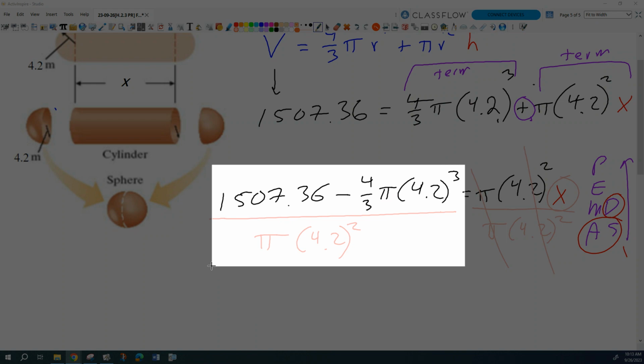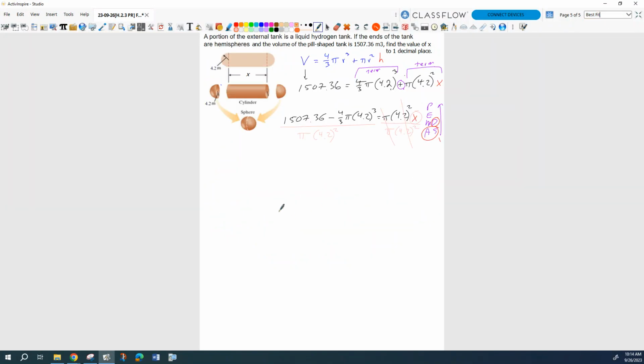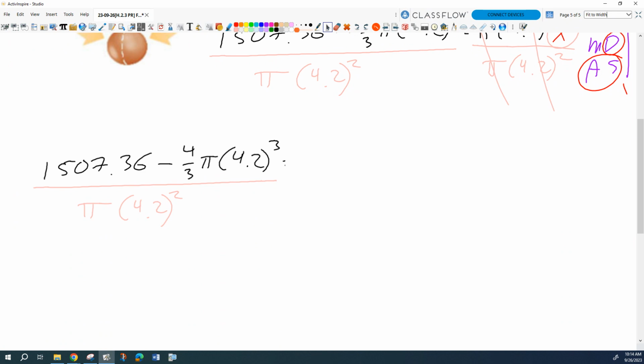That's what x is equal to, right? So that's what we're going to calculate.